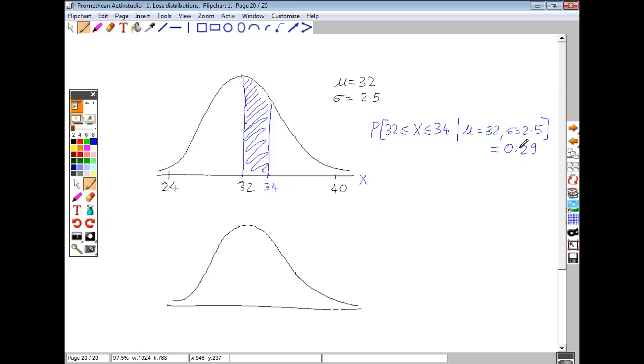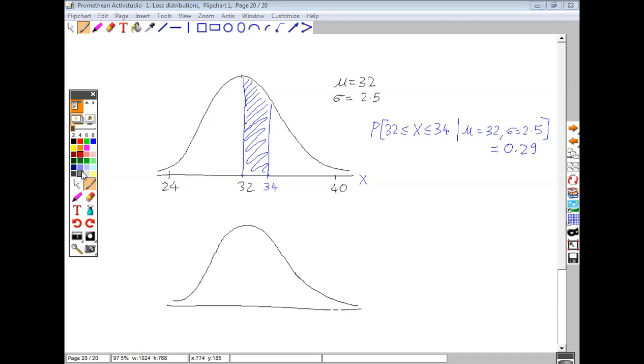So we have used the parameters of the distribution to figure out the probability, the chance that we will observe something that we have defined here to be more than 32 and less than 34.